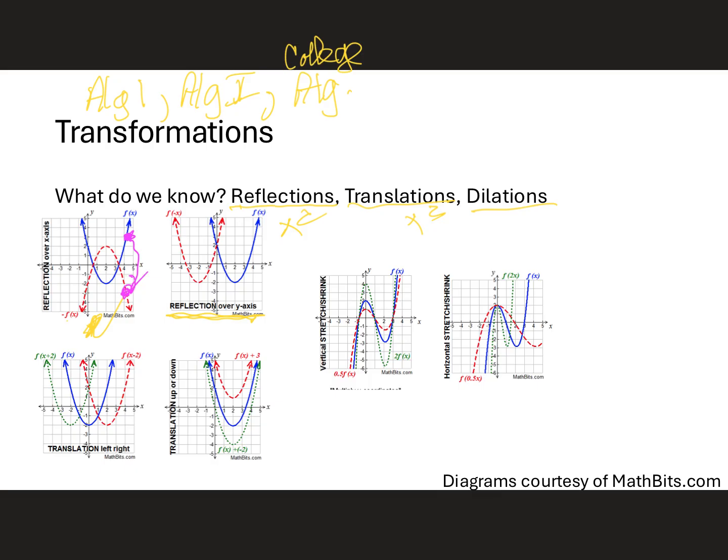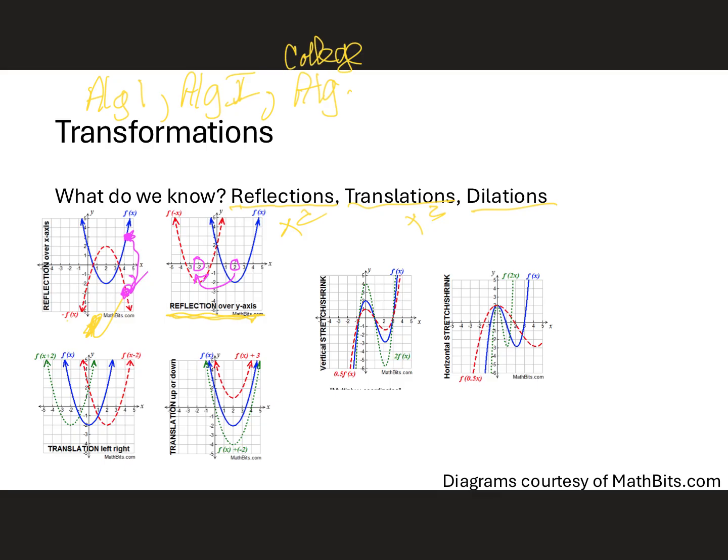That's why it's a reflection. Now, in the same way, if I pick an x value that I want to plug in, and then I take the negative of that x value, that's why I end up reflecting over the y-axis, flipping over to the other side, okay? So that's reflections.